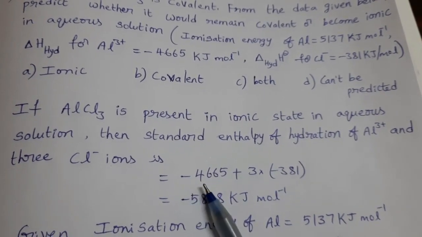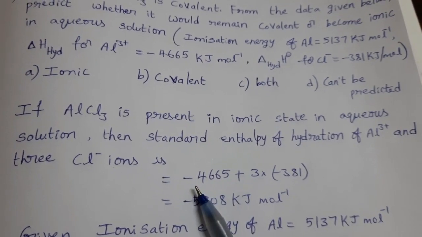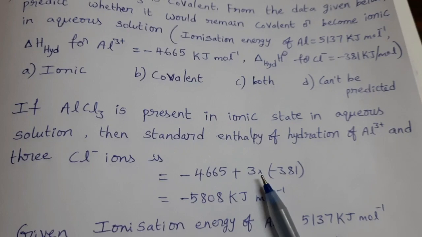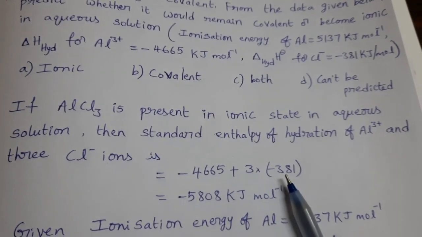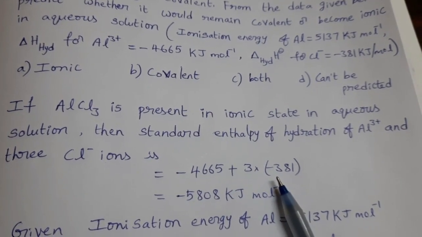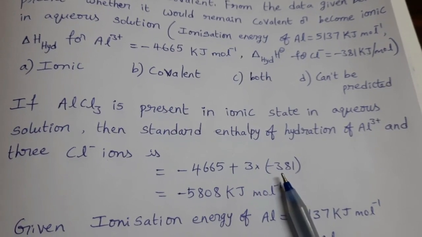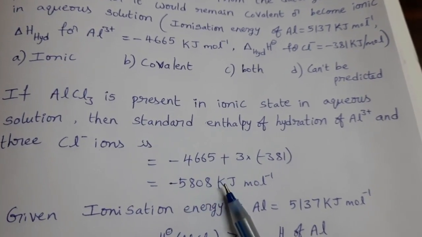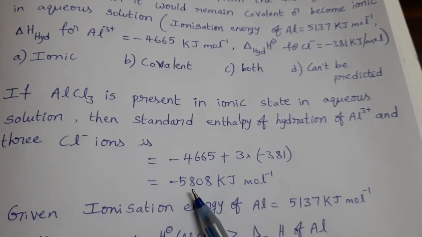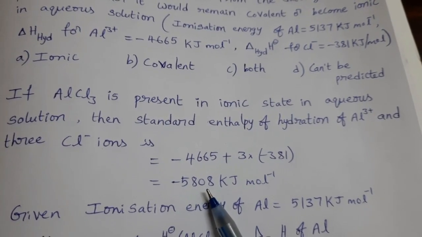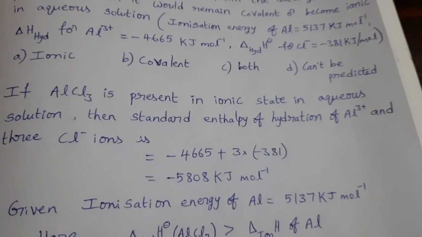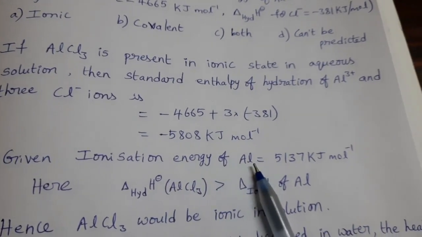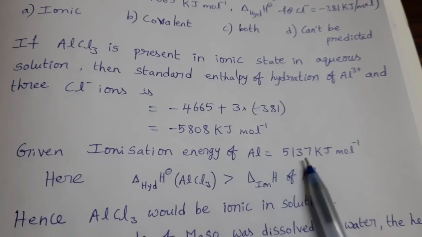One aluminium ion is present, that's why minus 4665 plus 3 into minus 381, because 3 chloride ions are present in 1 AlCl3. So total enthalpy of hydration is minus 5808 kilojoule per mole.